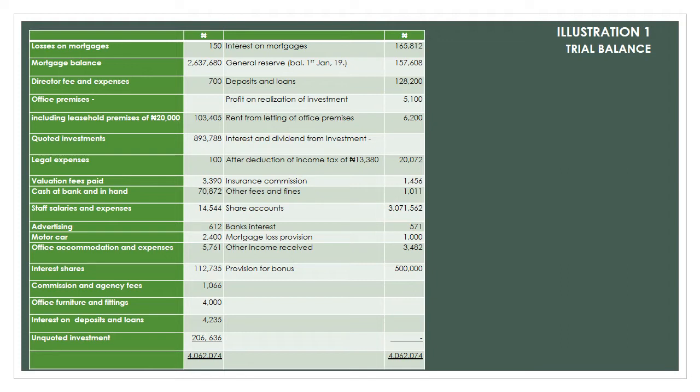So again, all elements on the left hand side of the trial balance are expenditure, which are capital or recurring. The recurrent expenditures are expenses in the income statement, while the capital expenditure is treated as assets in the balance sheet. On the other side are income and liabilities. Income are to be recorded in the income statement, while the capital and liabilities are to be recorded in the balance sheet.